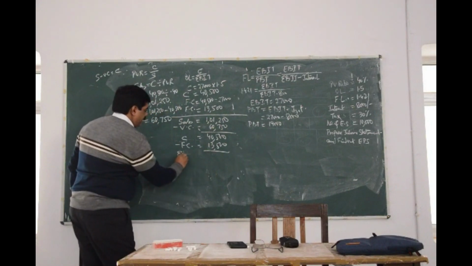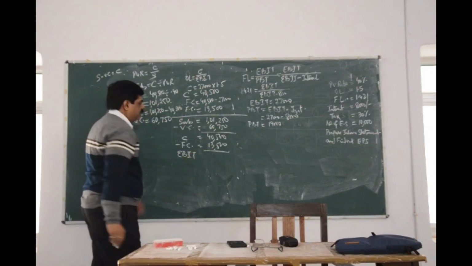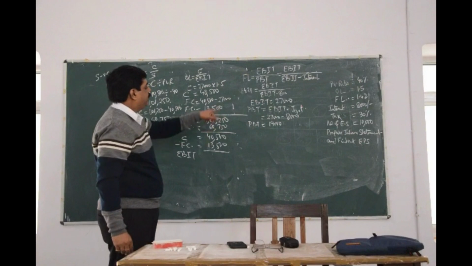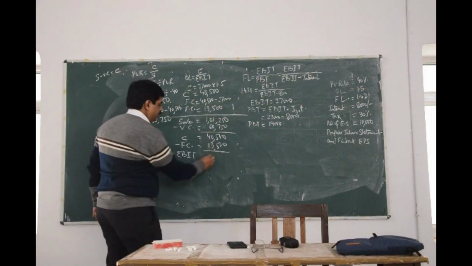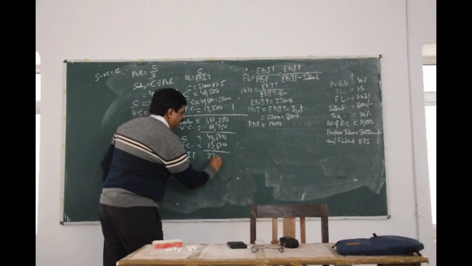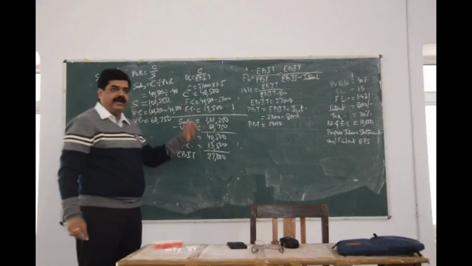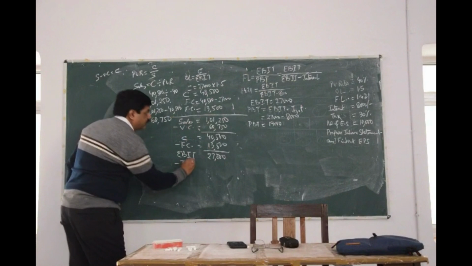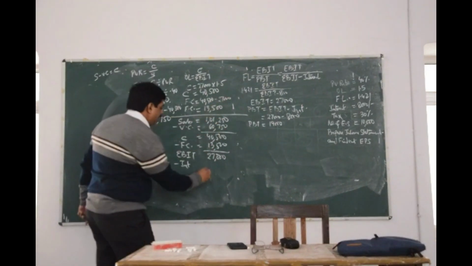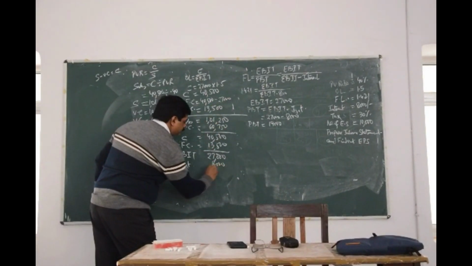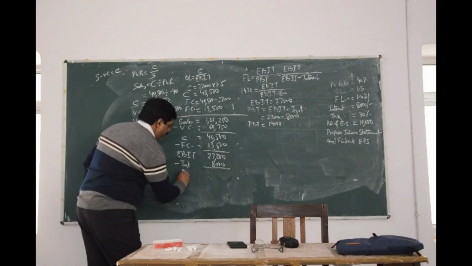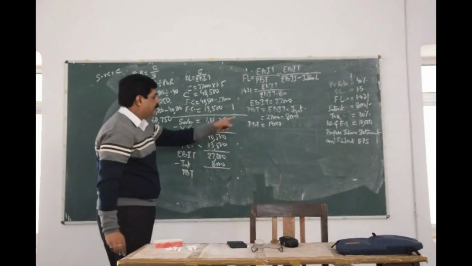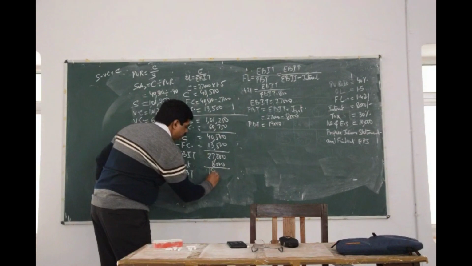We get EBIT, which we calculated as 27,000. Automatically the information is being verified also. Minus interest, given in the problem as 8,000, we get profit before tax of 19,000.